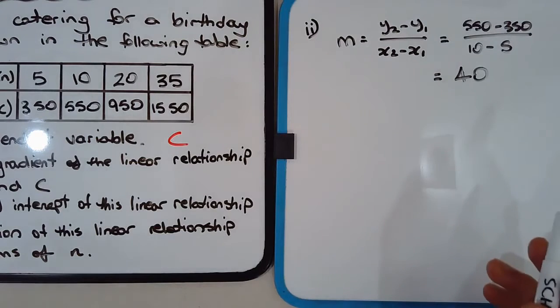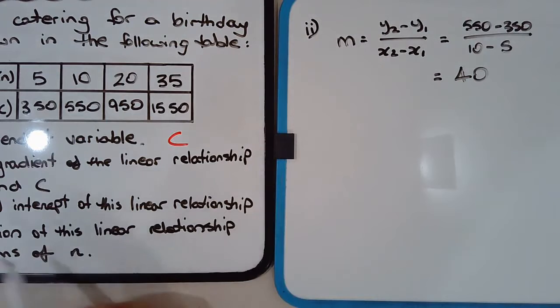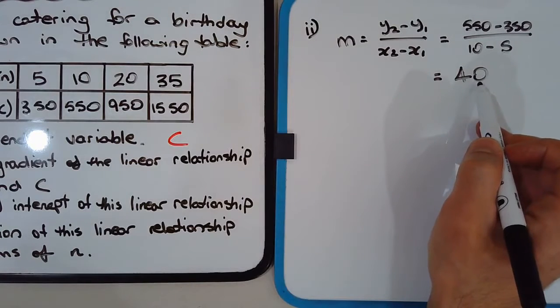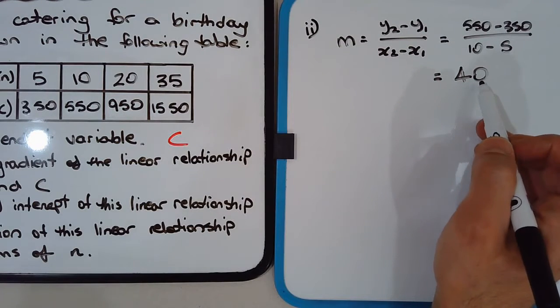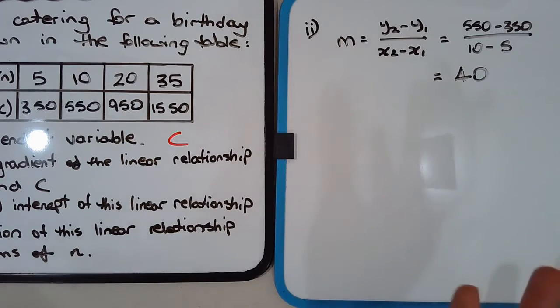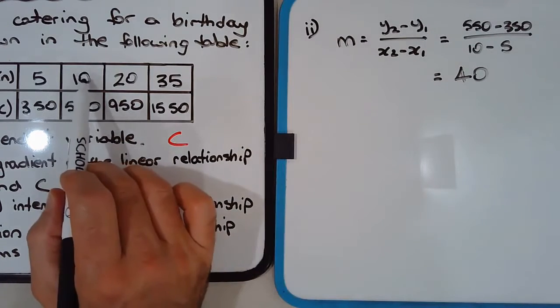So I guess the question here is, what does this 40 represent? That wasn't actually asked in the question, but I'd like you to have a think about what this 40 represents. Remember, a gradient is the rate of change. It's a rate of some kind. A rate comparing which 2 things? We're comparing a cost to the number of people.